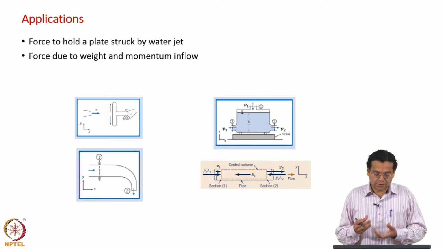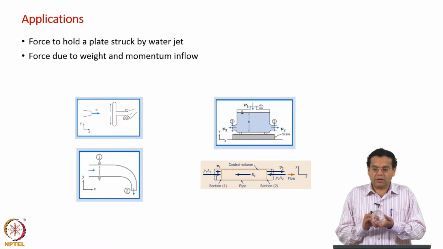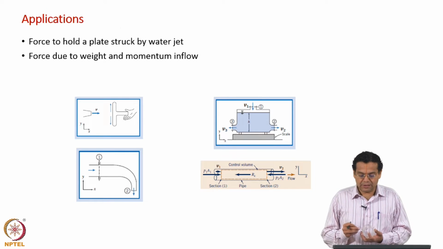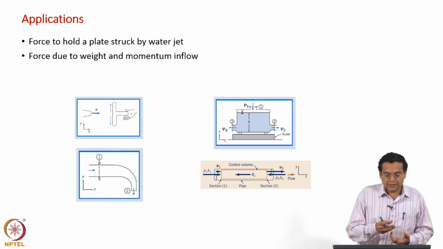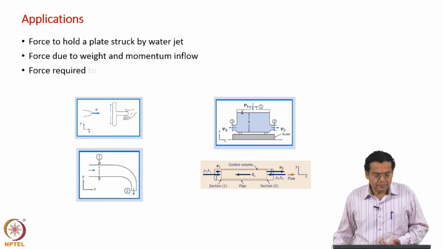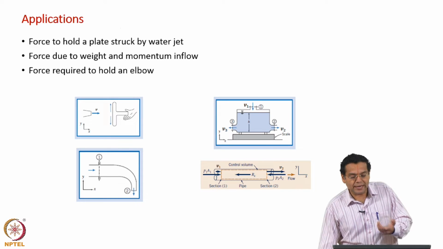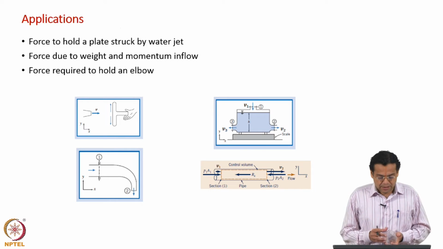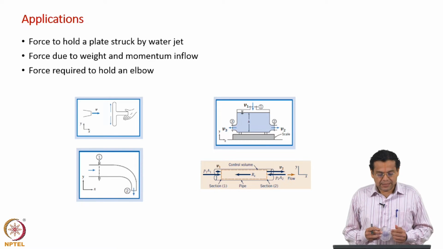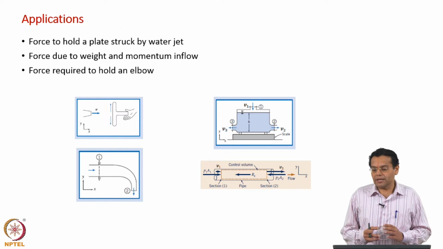The reading will include the weight of the water in it, the tank also, and of course, the momentum of the fluid, and that is what we are going to see now. So the second example is force due to weight and momentum inflow. The third example is force required to hold an elbow.